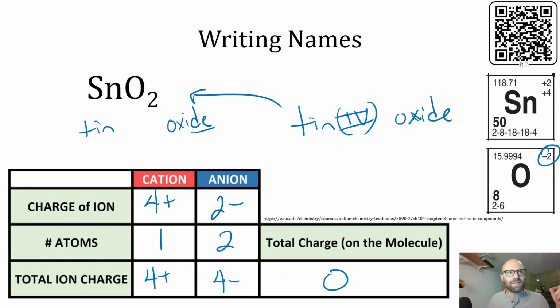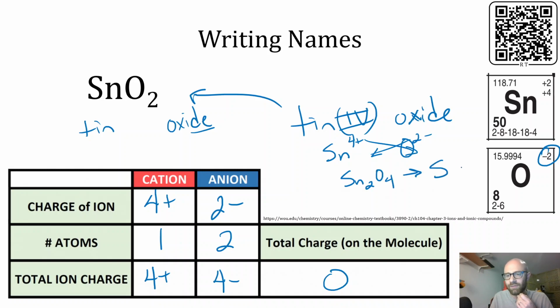And that's what makes this, to me, slightly tricky, because you are always trying to do all this math in the background, and sometimes a Roman numeral will show up in your name that doesn't show up in your formula, and it throws your brain for a loop, because if your name is tin 4 oxide, you might expect to see a 4, but don't forget, if we were to go back from name to formula really quick, this would be tin 4 plus, this would be an oxygen 2 minus, swap, SnO4... Sn2O4, but we always need to have our formula in lowest, simplest ratios, and that's where you get your SnO2.